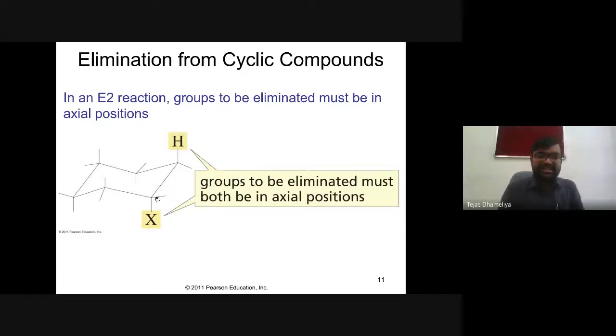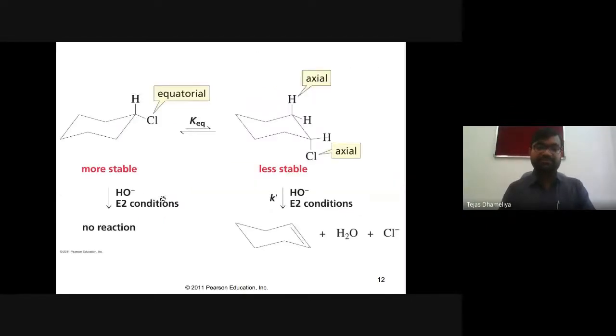These axial groups of cyclohexane will prefer to depart over the equatorial positions. This is how elimination of cyclic compounds works. So this is observed not only for acyclic compounds, but also for cyclic compounds.